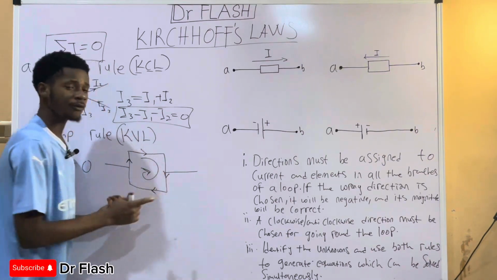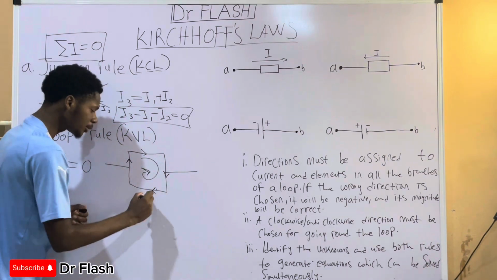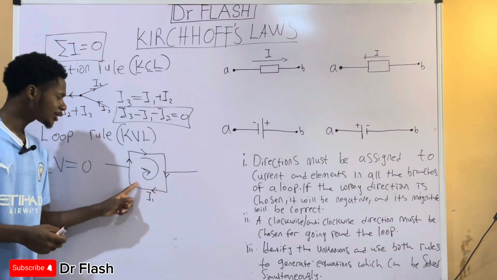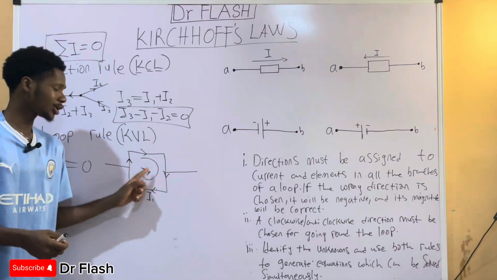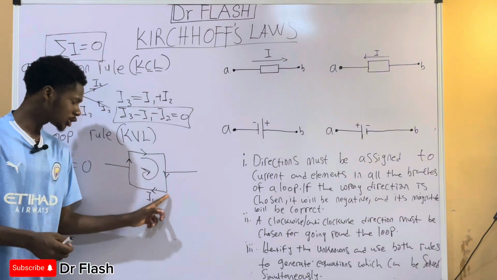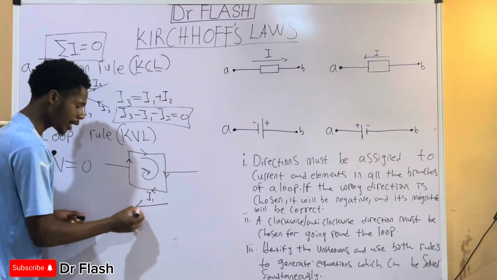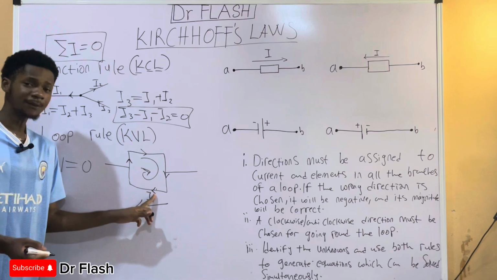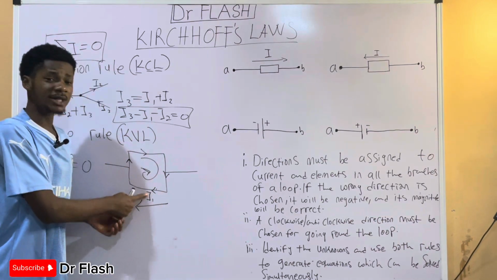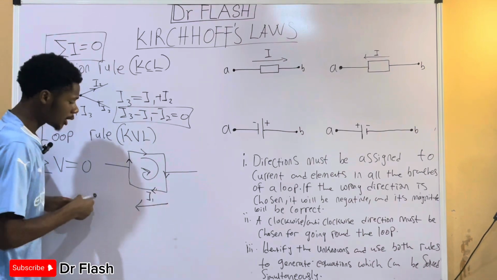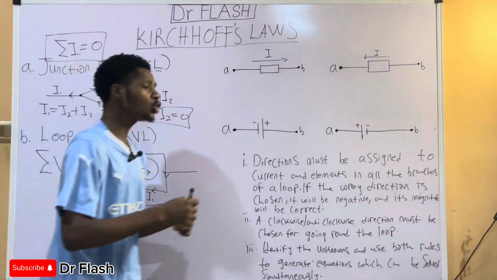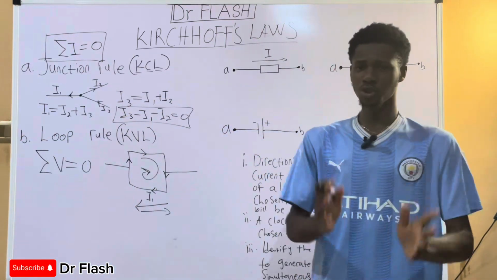When we solve and find that, for example, the current I1, which is supposed to be going in this direction, is negative, this means I1 is supposed to be in the other direction. Its value will be the same, only its direction is going to change.